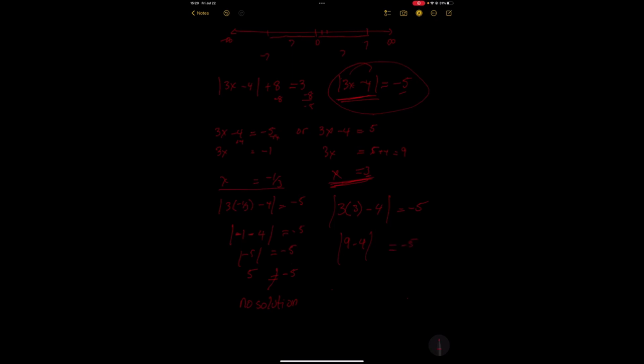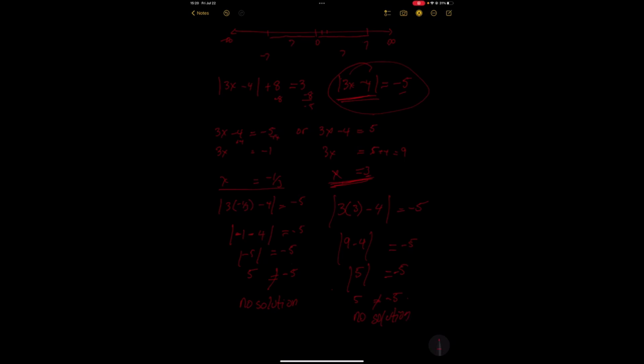So 9 minus 4 is equal to 5. So absolute value of 5. Now, the 5 is already in absolute value. That means it cannot be negative. So therefore 5 does not equal negative 5, which means no solution.